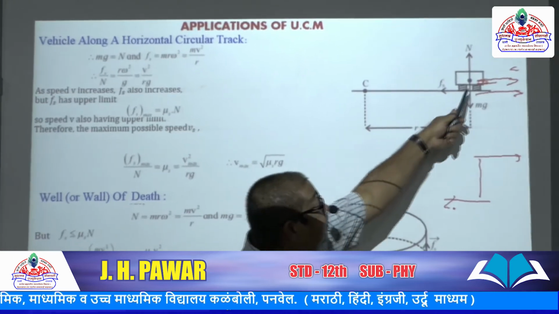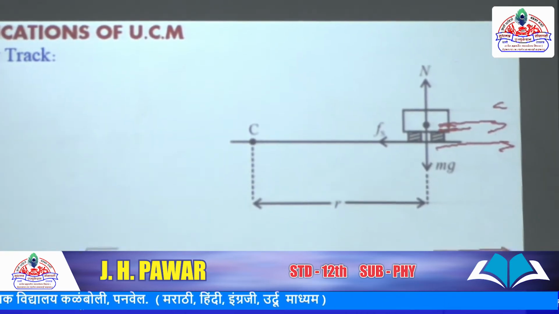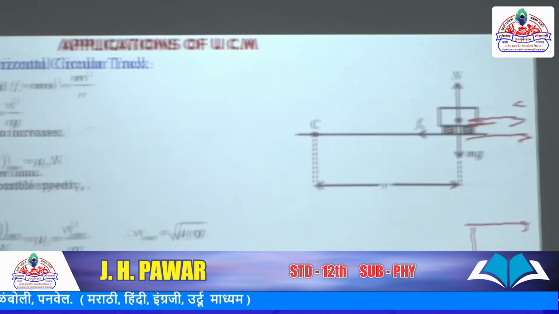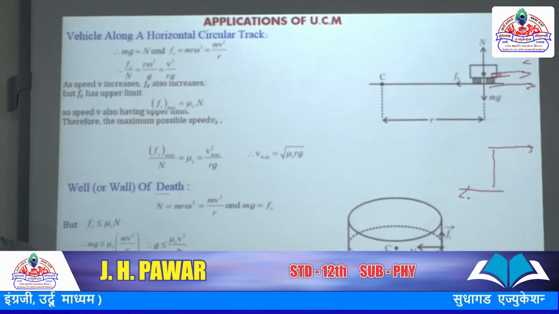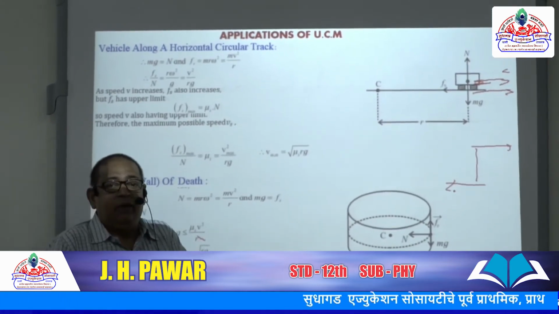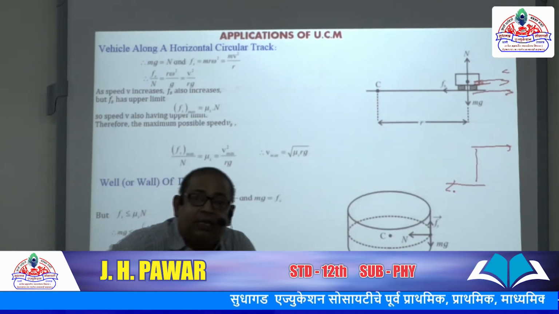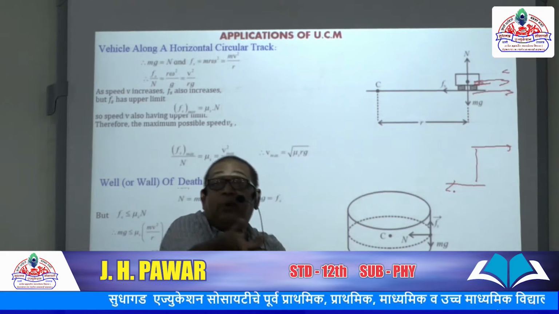Thereafter, to prevent it, one thing is given in your book. What do we have to do? Suppose a two-wheeler rider is going, then you see that when the rider takes a turn along the curve, he leans inward to balance the centrifugal force.